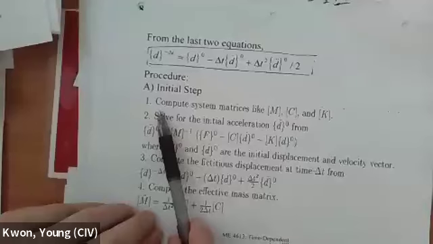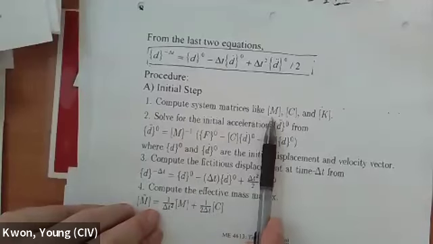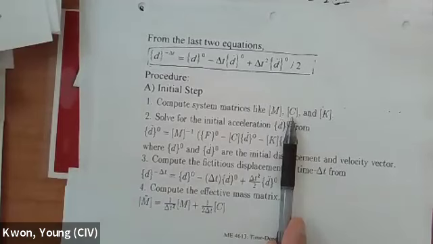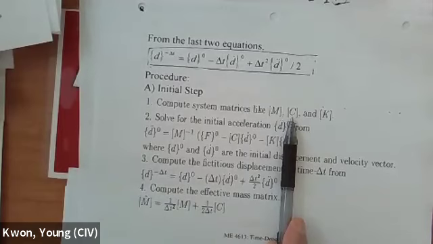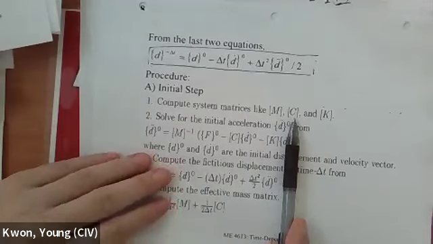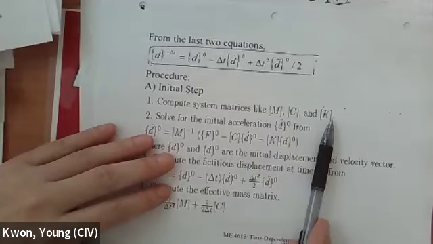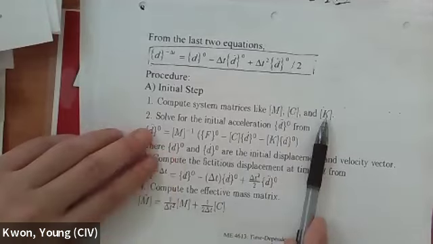So then what is the solution procedure? The initial process is that you compute the mass, damping, and stiffness matrix. And again, the damping matrix, mostly you are not computing it, but getting it from some measurement, or if it is proportional damping, then it's a linear combination of mass and stiffness. So you do that.